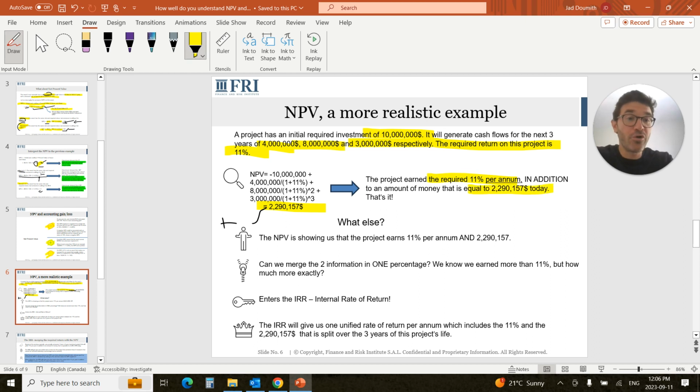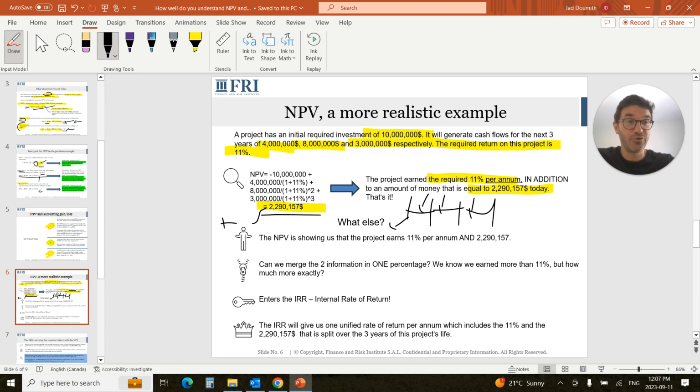We earned more than the 11% that is required from us per annum. So this is a 3-year project which earned every year 11%, and also an excess amount of money above the 11%, which represents today 2.29 million. That's a great thing to know, how to interpret an NPV.